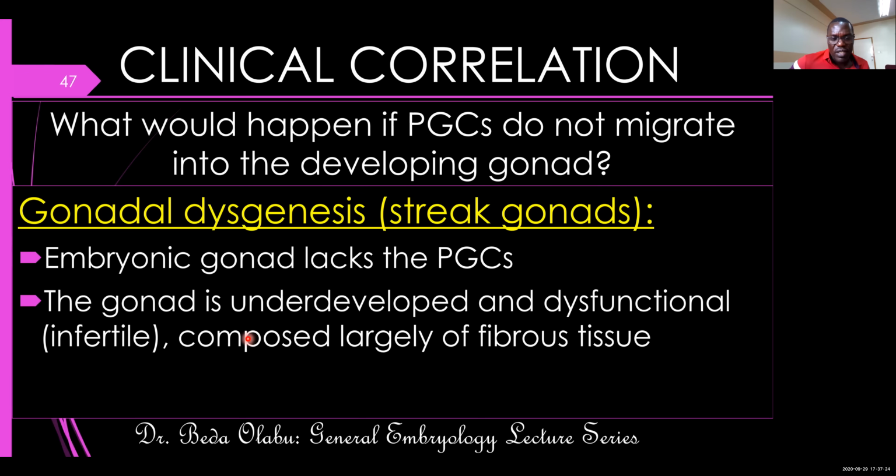We have said here that the testis is underdeveloped and not functional. So it's just fibrous connective tissue. Therefore, we don't have androgens in this child. So someone else to give me another reason.